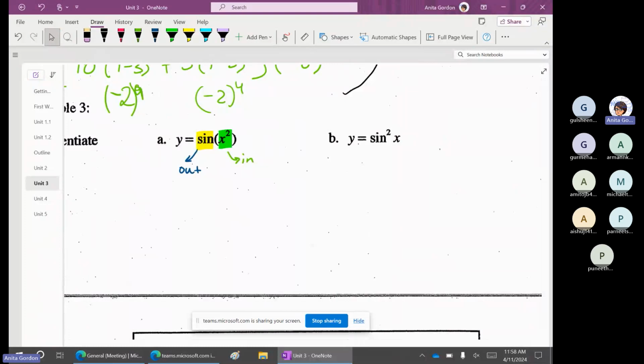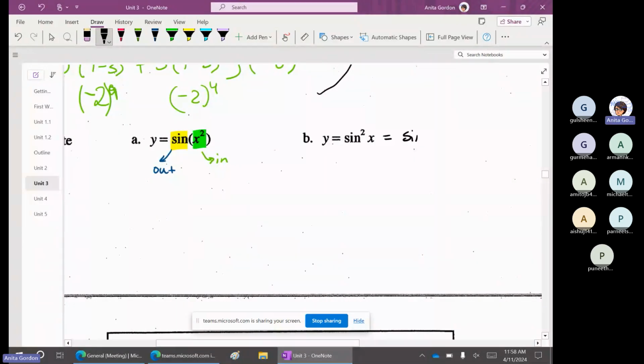What's another way that I can write this? Sine x all squared. So my outside function here is the squared, a polynomial, and my inside function is sine x. And you're going to need your formula sheets today. So the square is the outside function, and the sine is the inside function.